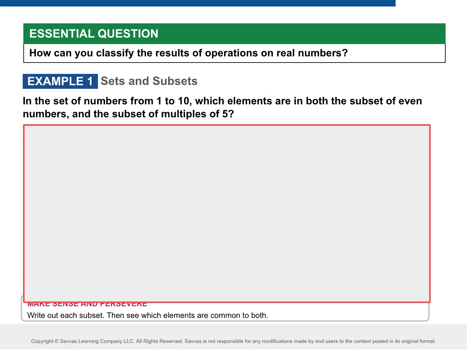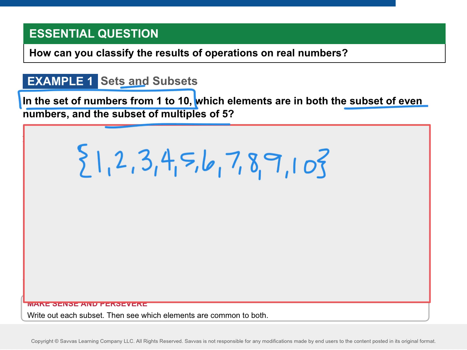Okay? So we have a few quick examples left. In the set of real numbers from 1 to 10, which elements are in both the subset of even and the subset of multiples of 5. So I'm talking about the set of 1 to 10. So that is my whole set. So if I write that set out, and now I'm also going to list out my even subset.